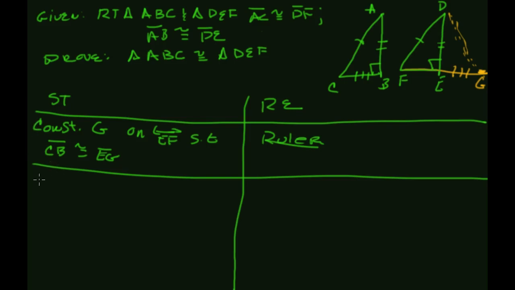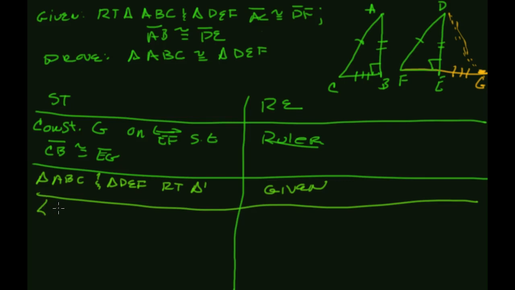All right, so I also know that triangle ABC and triangle DEF are right triangles, and I know that because that's given. So this means that angle ABC and angle DEF are right angles, because that's the definition of a right triangle.